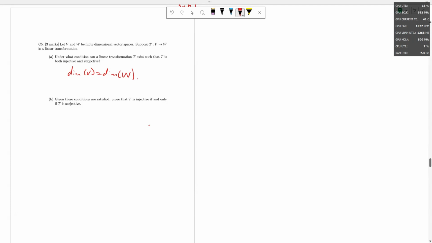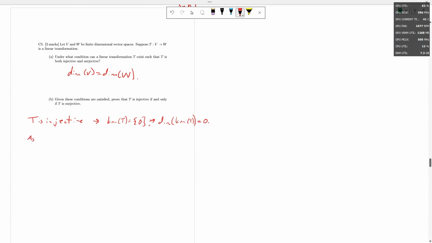Well, T is injective, which implies that the kernel of T equals the 0 vector, which implies that the dimension of the kernel of T equals 0.